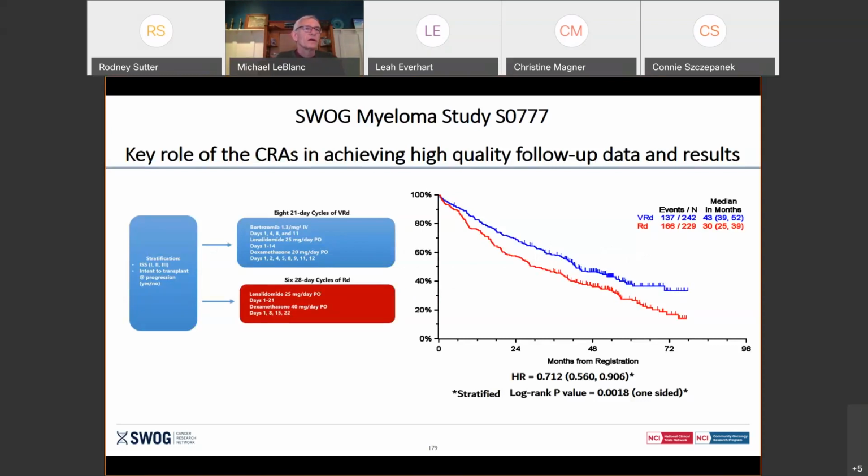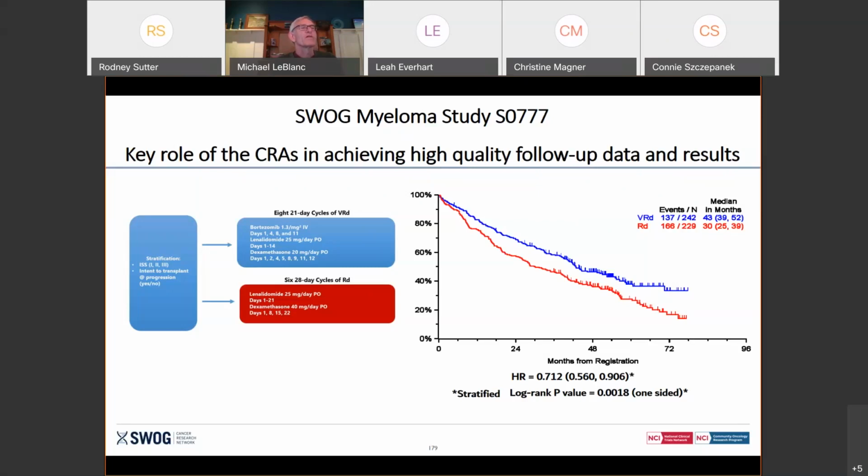So here's an example of the impact of study data. This was a study completed several years ago, SWOG study S0777, a myeloma study that randomized, on the left-hand side, 2 treatments, a 3-drug combination versus a 2-drug combination.